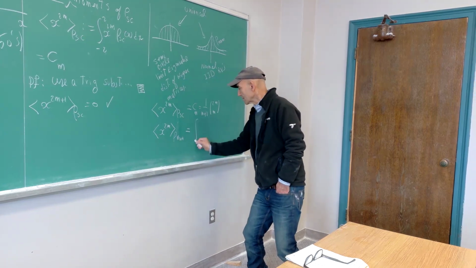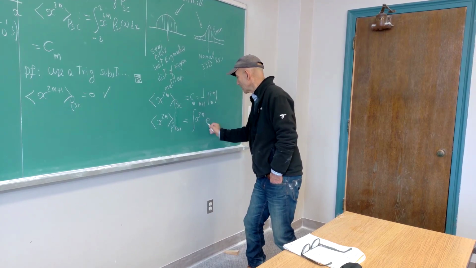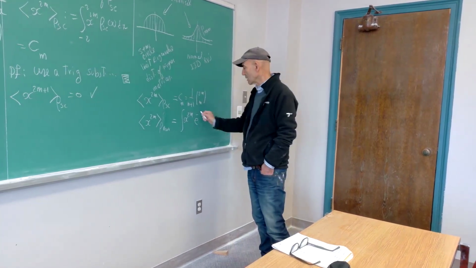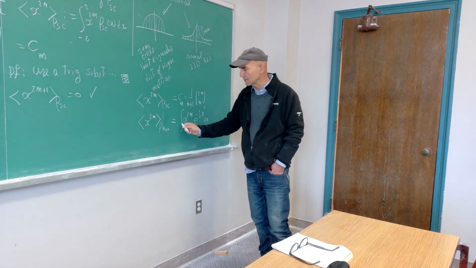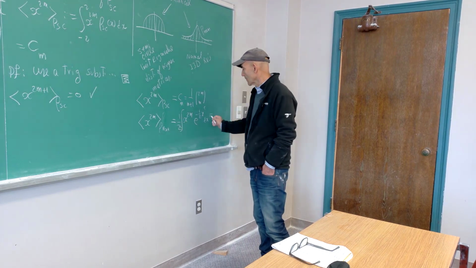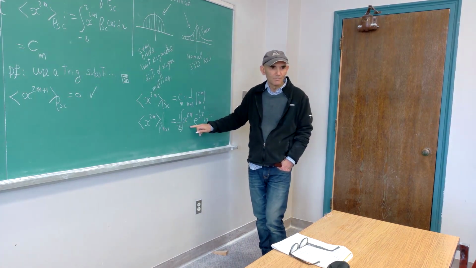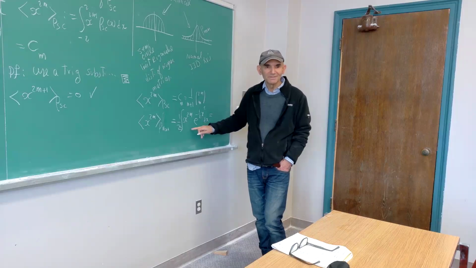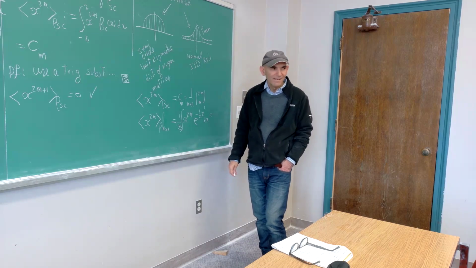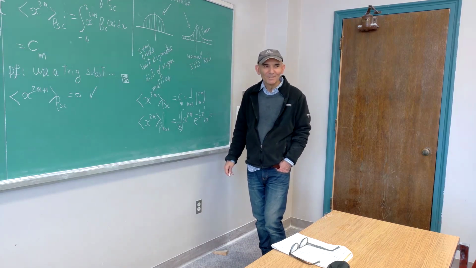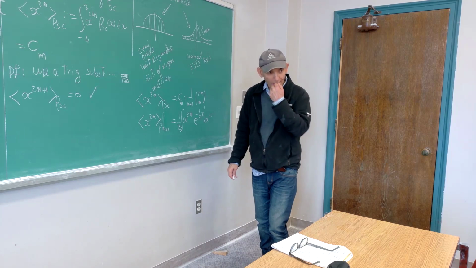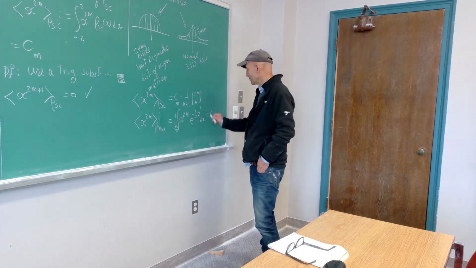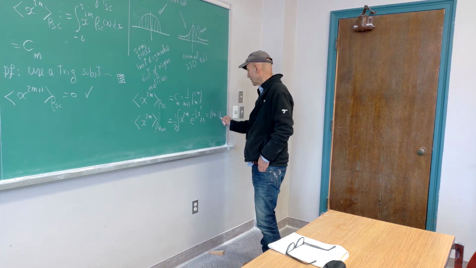This was the integral of x to the m, exponential of minus 1/2 x squared dx, with normalization 1 over Z. This was our first lecture. It is the double factorial, (2m minus 1) double factorial.